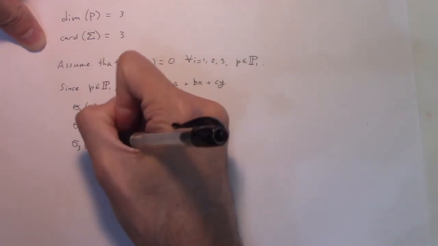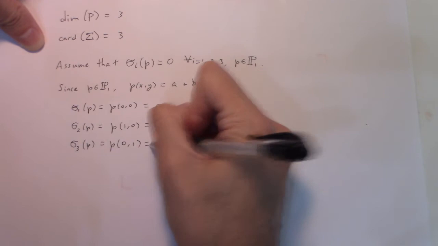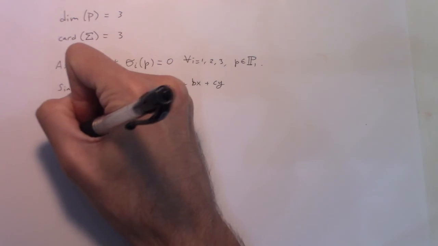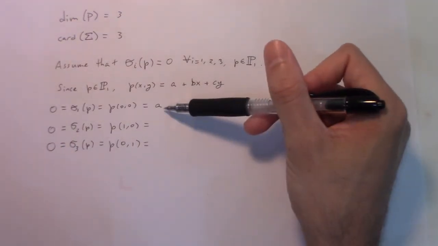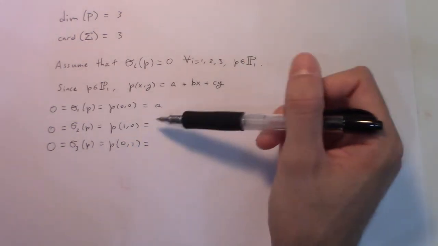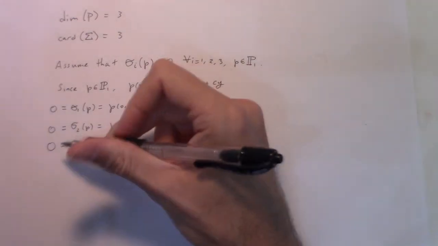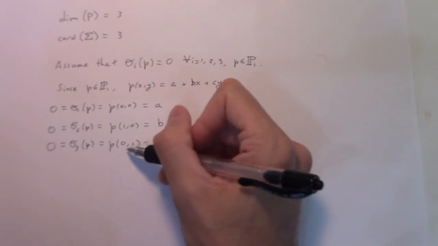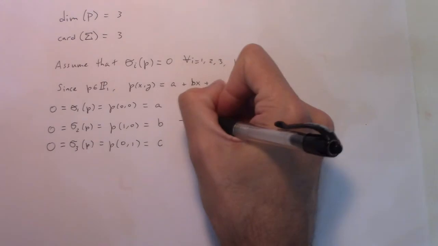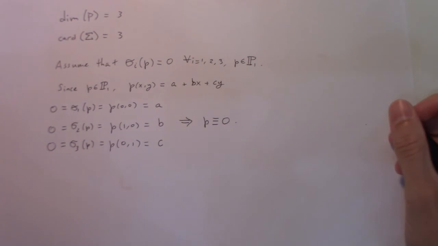Sigma 3 of P is equal to P of (0,1). And we're going to assume that these are all 0. So we have that A must be 0. If A is 0 and we plug in this value, that's going to be B, so B is 0. And similarly, we plug in (0,1), we get C, and that means C is 0. So this means that P is identically 0.